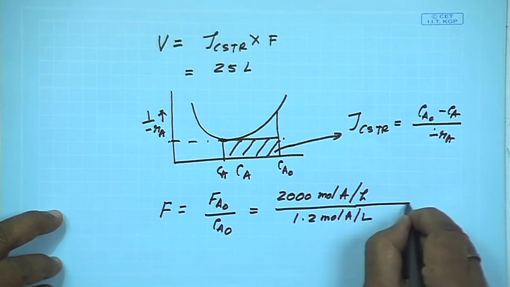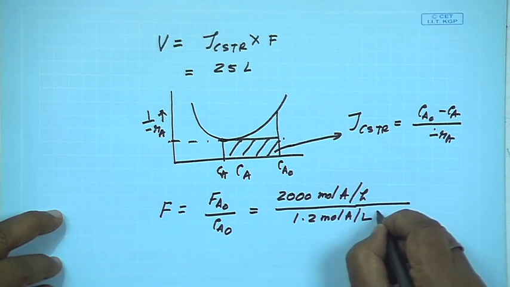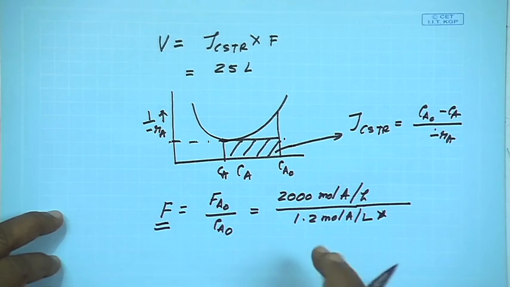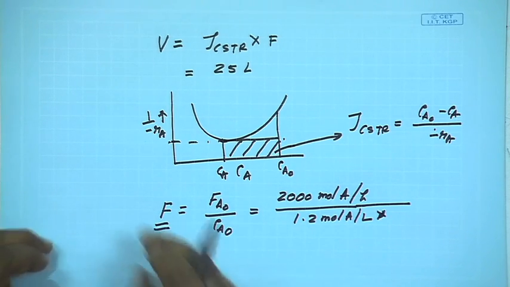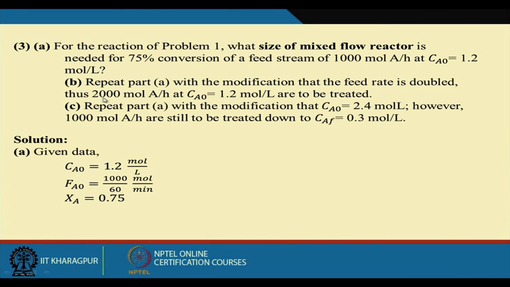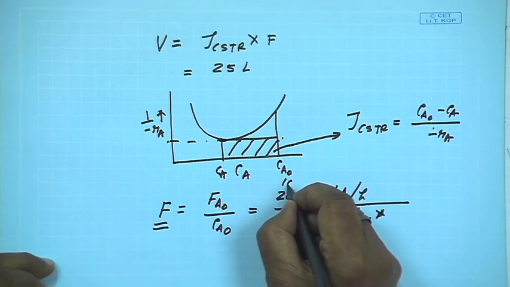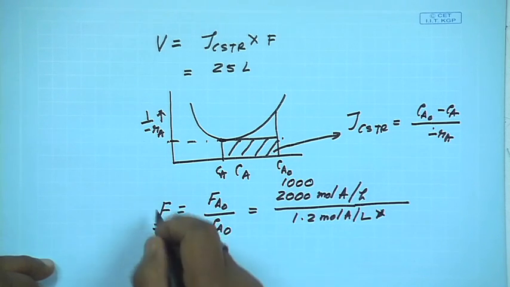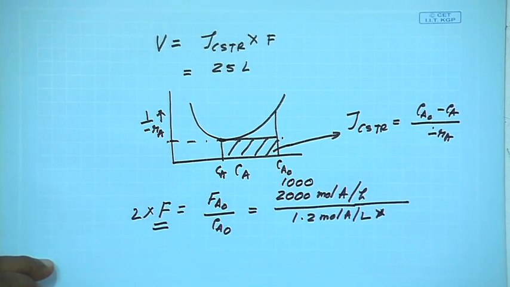So, you can divide by 60 to get per minute. You can easily convert. What I wanted to tell is that when you increase this, basically what is happening? Previously it was 1000, now it is 2000, that means the flow rate is increased by 2. Am I right? Flow rate is increased by 2.